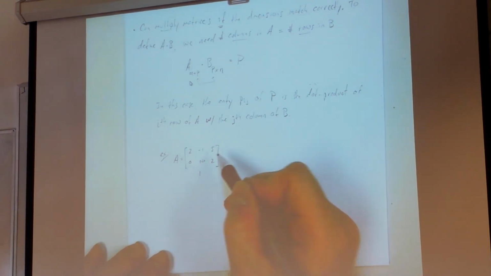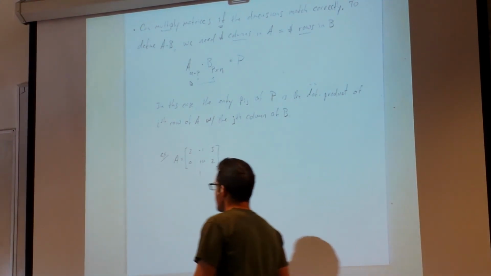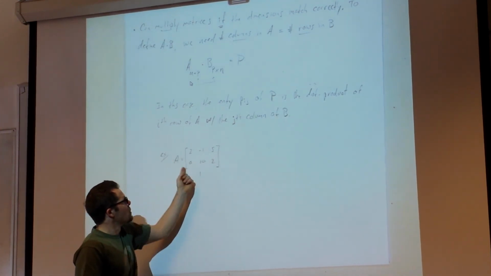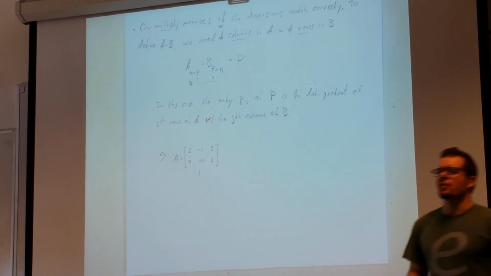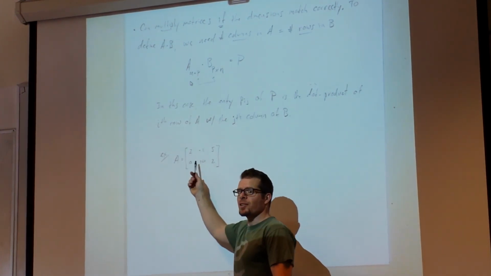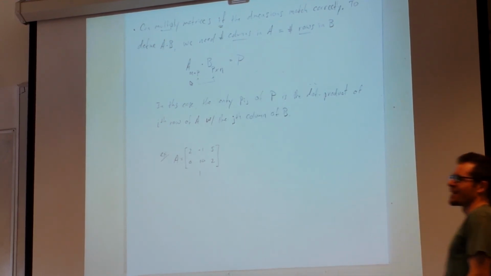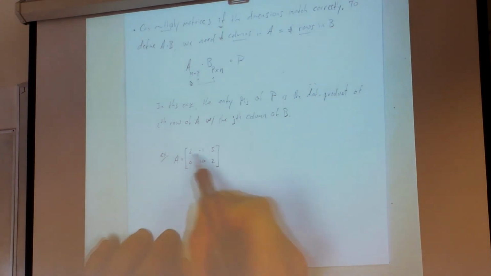Rows, columns. I always had strange memorization techniques when I took linear algebra. Rows before columns when we talk about the dimensions. 2 by 3. Row before column, R before C. If you write out RC, just like RC Cola. That's how I remember it. Rows, columns. So it's a 2 by 3.